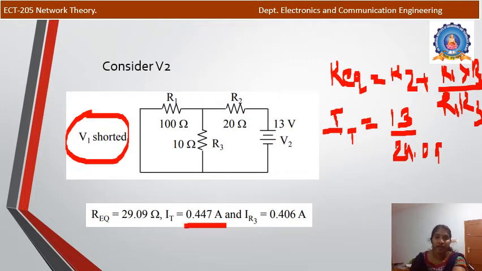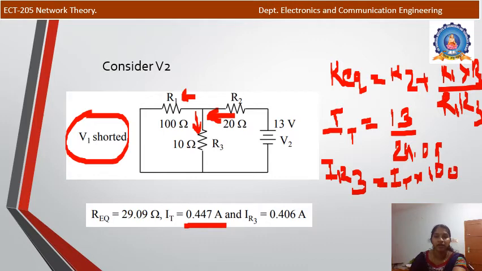And for IR3, the I total comes here, so that will be split into I1 and I2. So this IR3 we can find as I total into the resistance of the other branch, that is 100 divided by 10 plus 100.